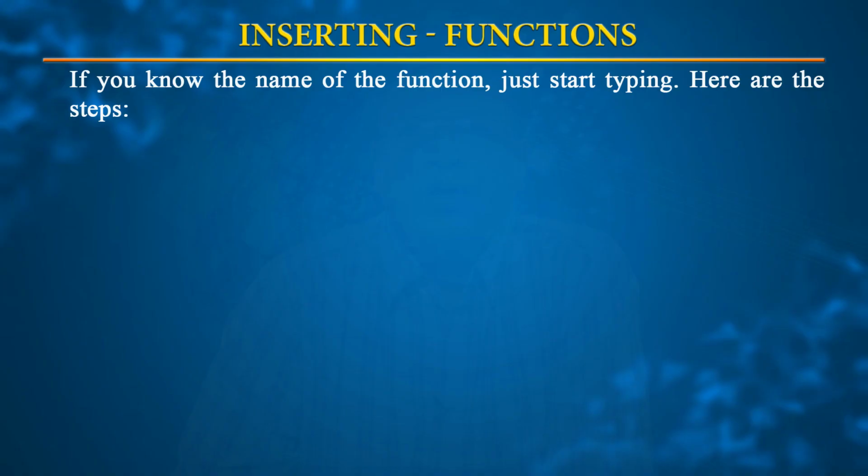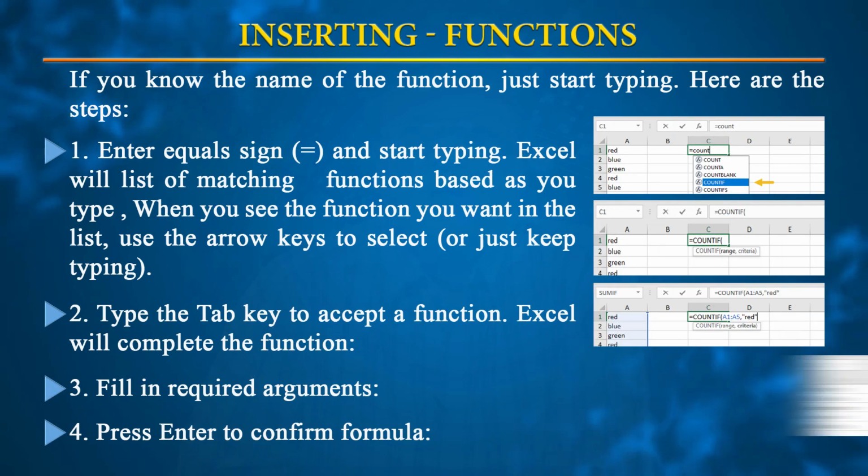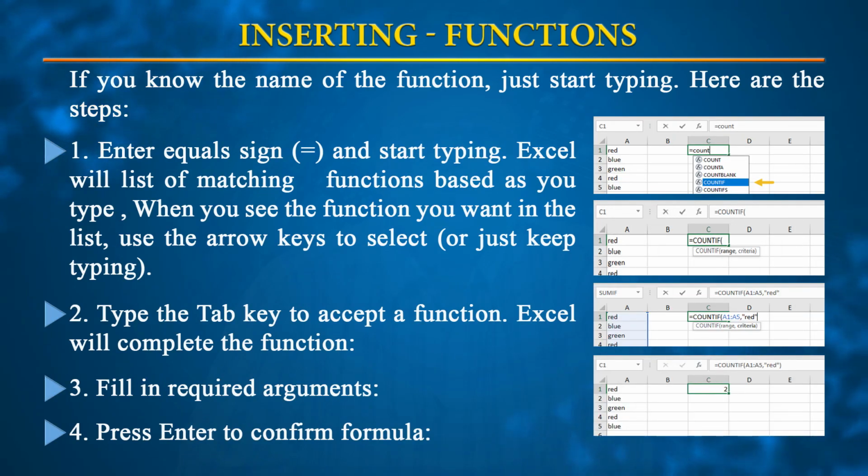Now there are different mechanisms in which we can directly insert functions. One of the mechanisms is shown here: you select the cell, and the moment you start typing the function, different classes and types of functions are reflected in the cell as shown in the slide. You can select the function you need, press the tab, and that function will be activated, and you can pass the parameters as required by the function.